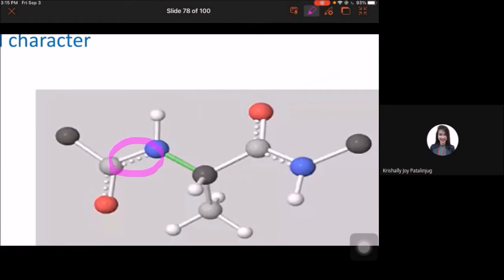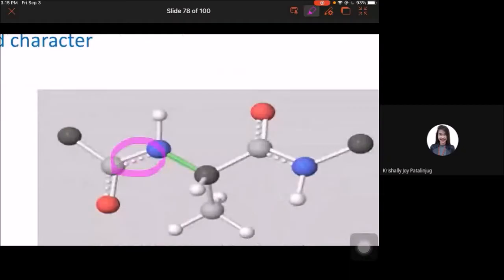Now recall from our previous discussion, this is the bond that links, that connects amino acid to amino acid. What is the reacting group of one amino acid to another amino acid to form the peptide bond?